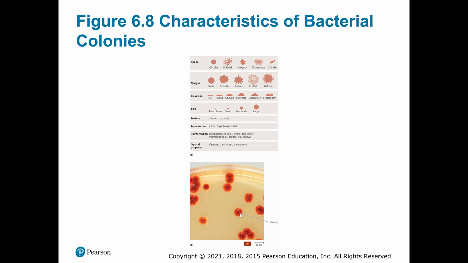But colonies can also have their own morphologies. And it's not just the shape, but also the color of the colony, the opacity of the colony, like can you see through the colony, can you not see through the colony? Is the colony smooth? Is it rough? How big is the colony?